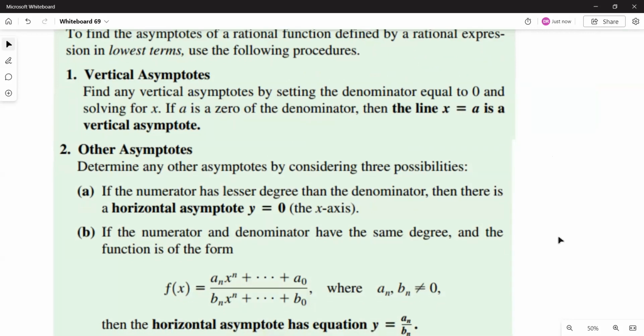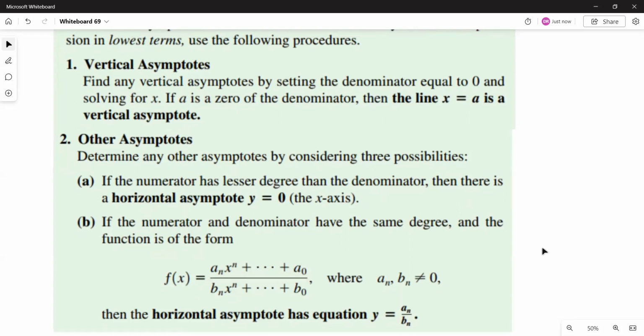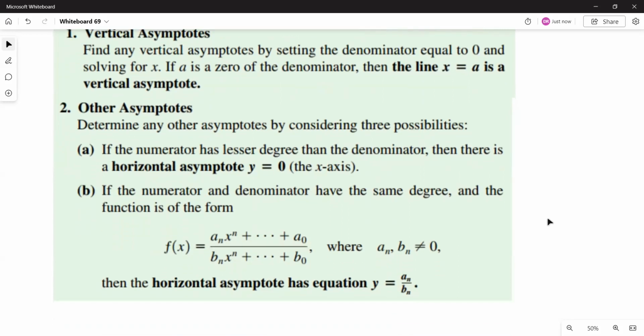If the numerator has lesser degree than the denominator, then there is a horizontal asymptote, y equals 0. If both the denominator and numerator have the same degree, and you have a quotient of two polynomials, then the horizontal asymptote is going to be the quotient of the leading coefficients. These are going to be the last examples on page 375.